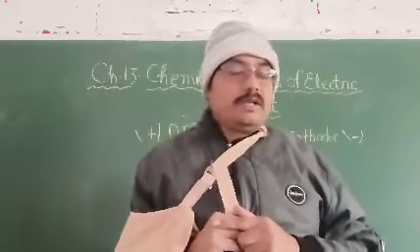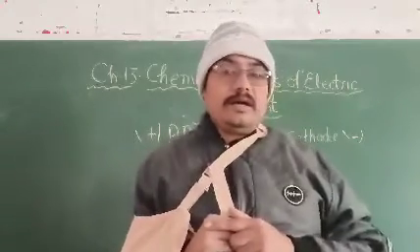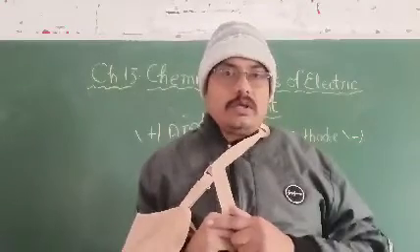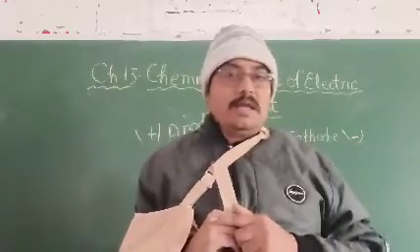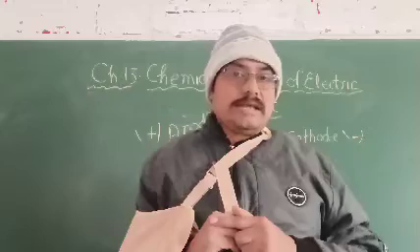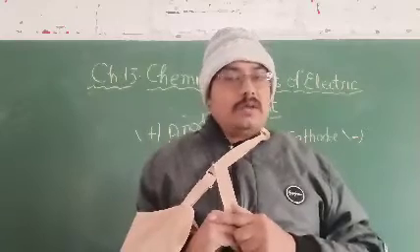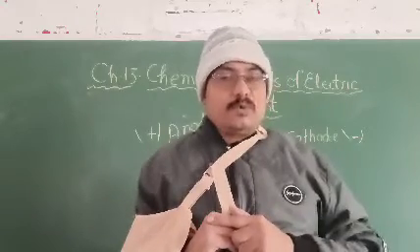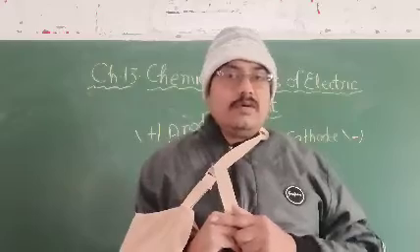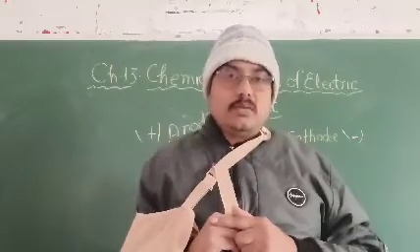But if instead of that big bulb you take an LED, or a compass, in such low voltage that compass can deflect, or that LED can glow. This proves that the current is passing through that wire.